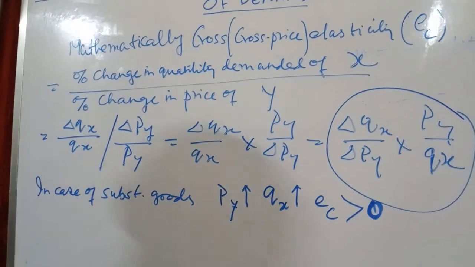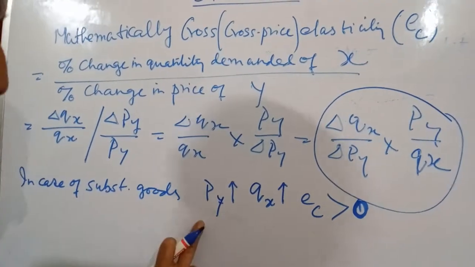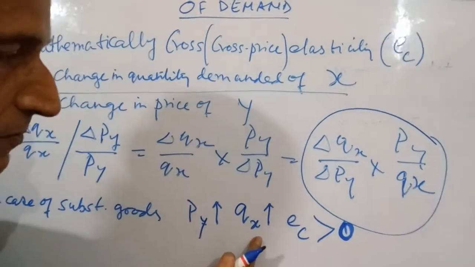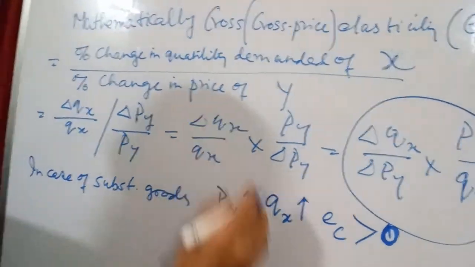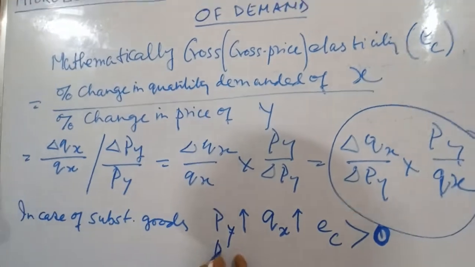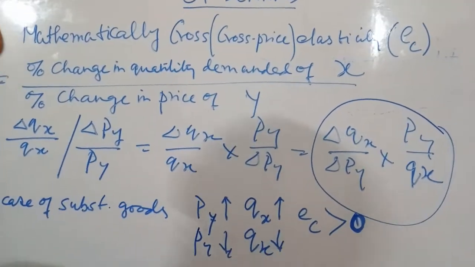Because price of Y and quantity of X are moving in the same direction. If Py increases, Qx increases. If Py falls, Qx falls.